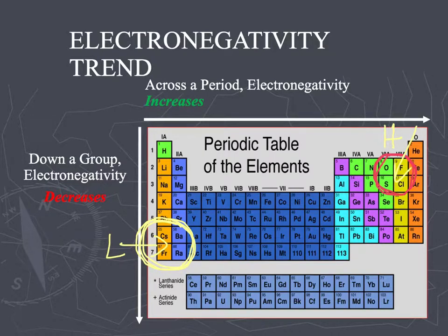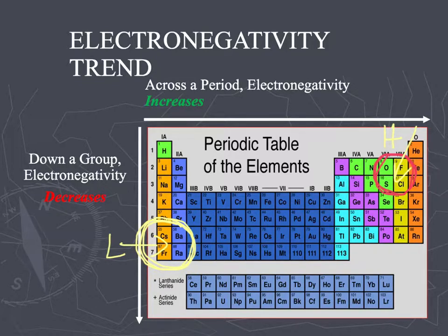So based on that, you can see the trend is, as you go from top to bottom in a group, the electronegativity is going to decrease, and as you go from left to right across a period, the desire to acquire electrons is going to increase significantly.